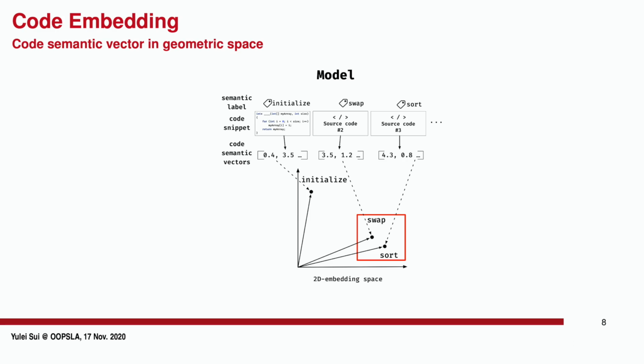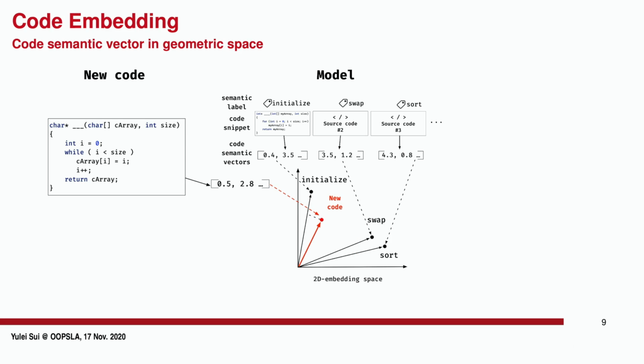A closer distance between two vectors implies a more similar code semantic. Once the model is trained using existing well-labeled code snippets, it can be used to predict the label of a new code fragment, whose semantic is similar to the existing labeled code fragments in the training set. For example, a new code snippet initializing an array of chars using a while loop is also tagged with the same label initialize.